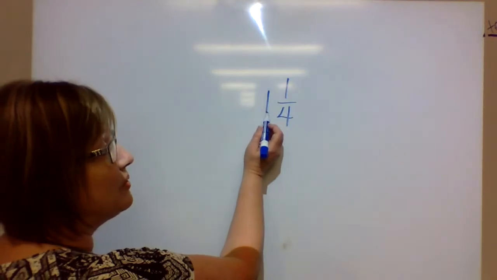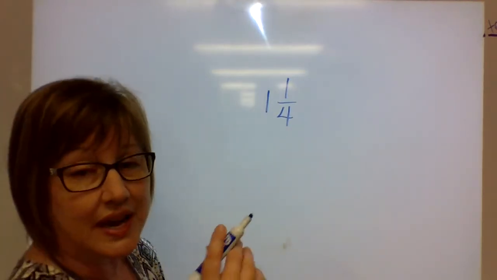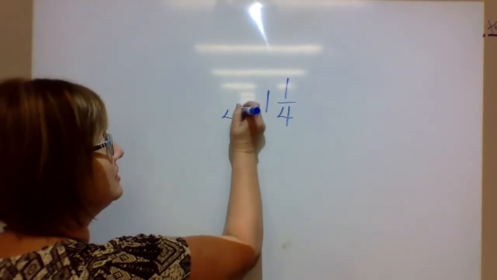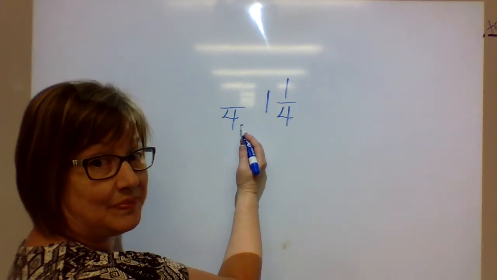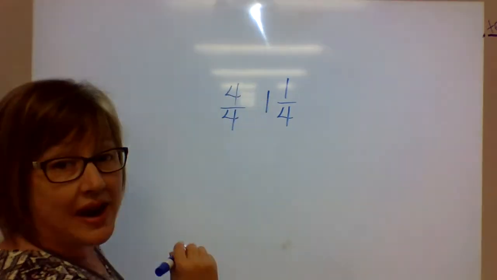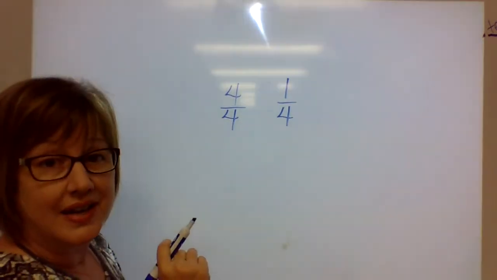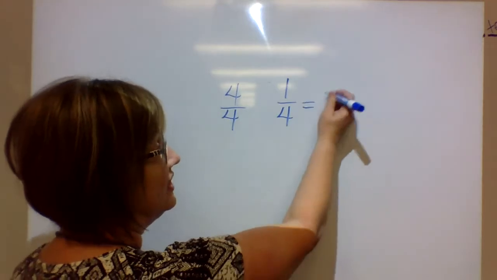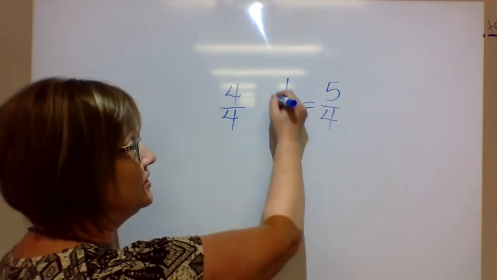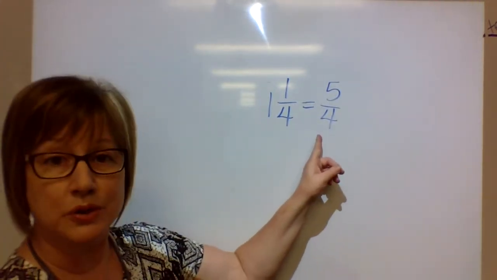Every pizza was cut up into fourths. How many fourths would 1 whole pizza be? It would be 4 fourths, right? That means there are no pieces taken away. So 4 fourths plus 1/4 would equal 5 fourths. So if you have 1 1/4 pizzas left, you have 5 fourths pizzas left.